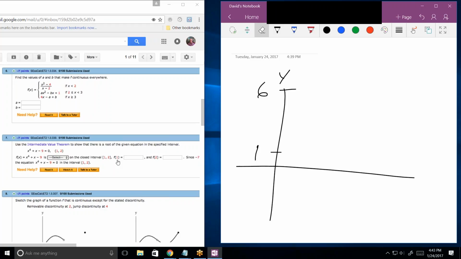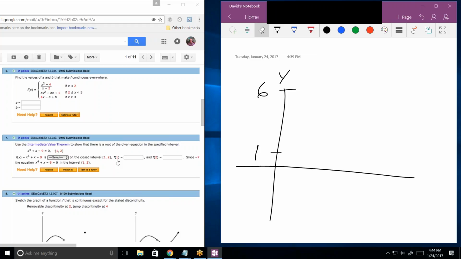And f of 2 is what? Is 2 to the 4 16? Yes, it is. So plus 16, 2 plus 2 is 18, minus 9 is 9. So that goes there.